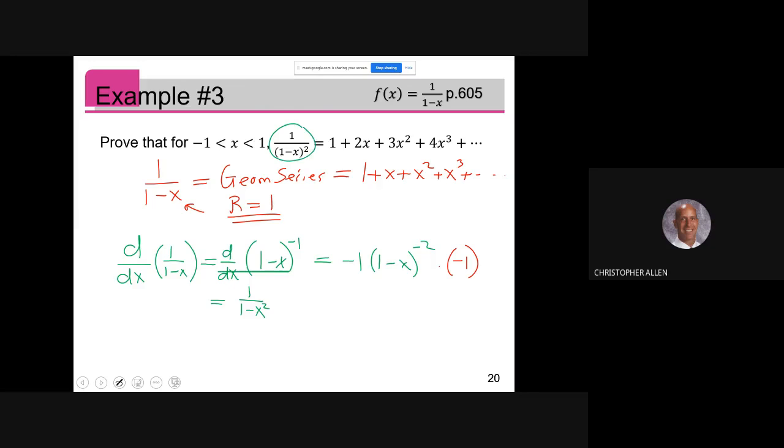Oh. Do you guys see a connection there? I am starting with something that we are familiar with. You looked at it in the last section. Now what I'm telling you is the derivative of 1 over 1 minus x is going to give us 1 over (1 minus x) squared.